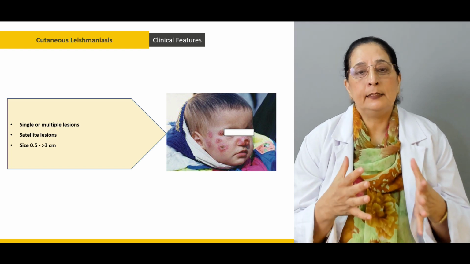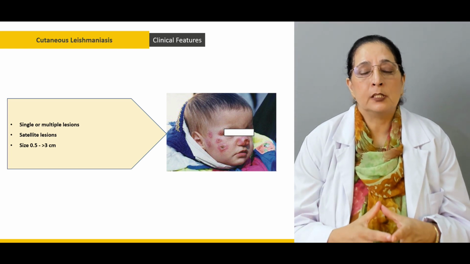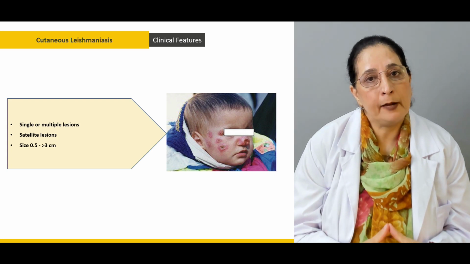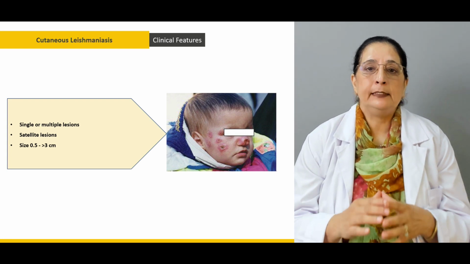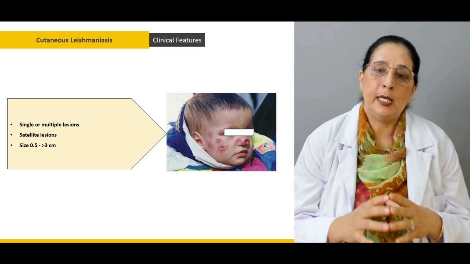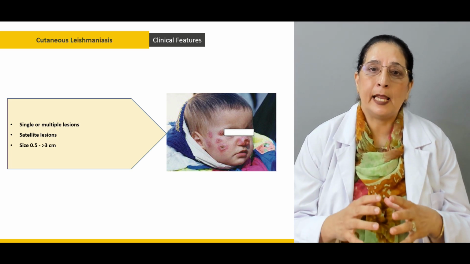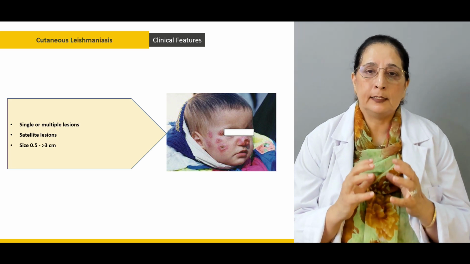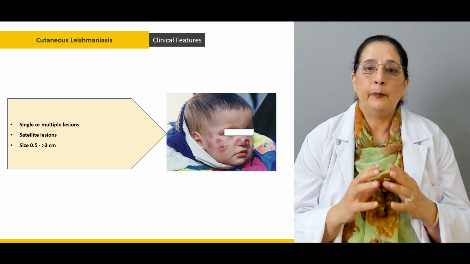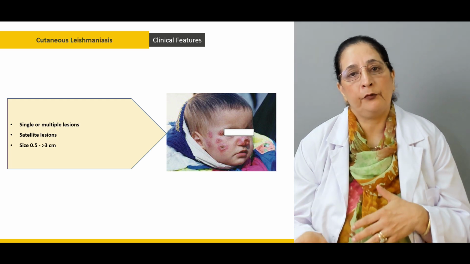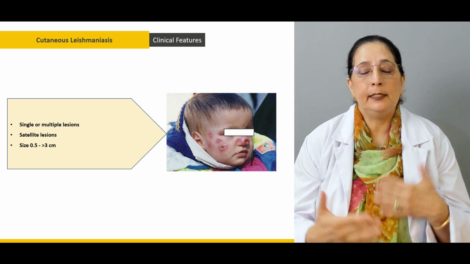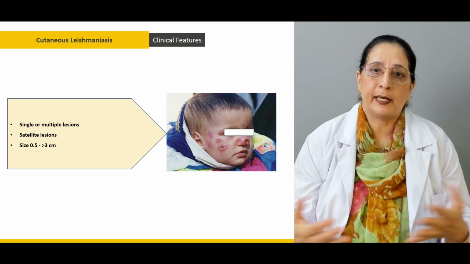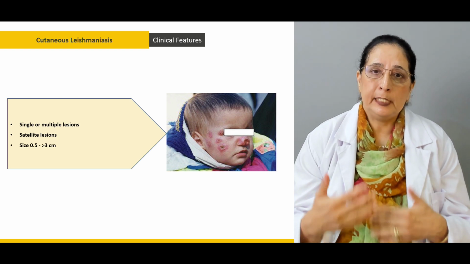Again, it's the infection caused by the bite of the sandfly, which injects the promastigote into the human body. It attacks the reticuloendothelial cells and the neutrophils, then goes from the neutrophils to the macrophages, multiplies in the macrophages, and keeps on affecting multiple cells.